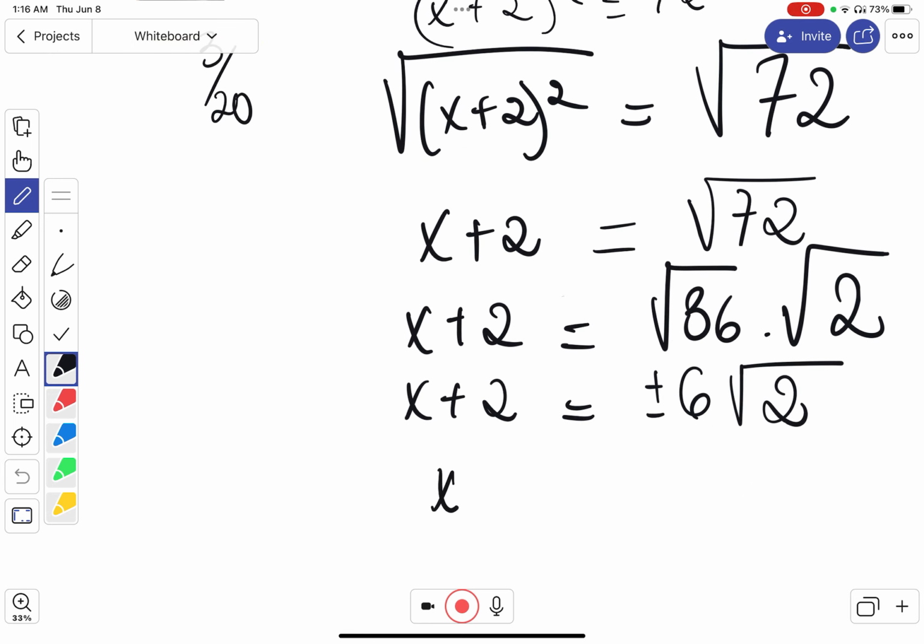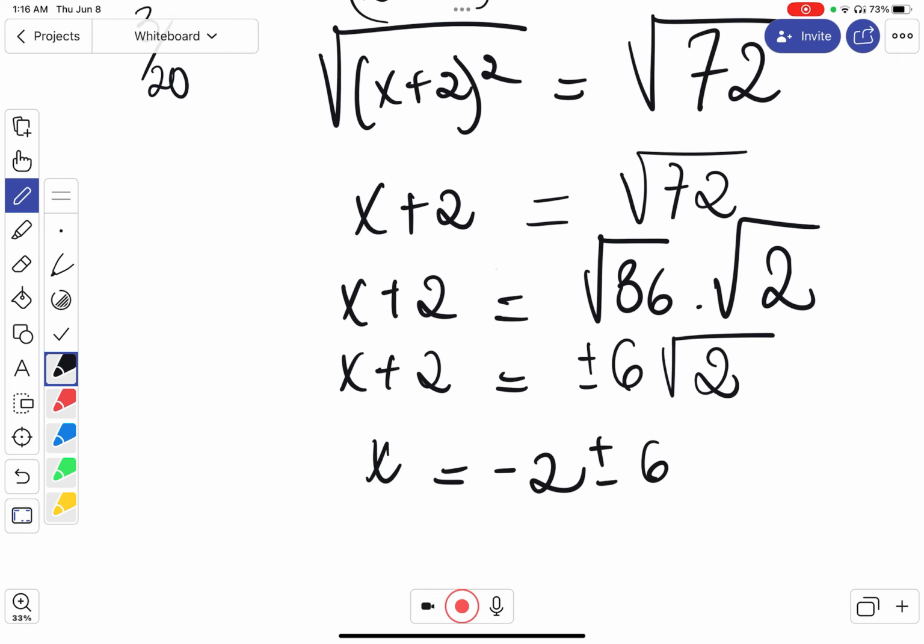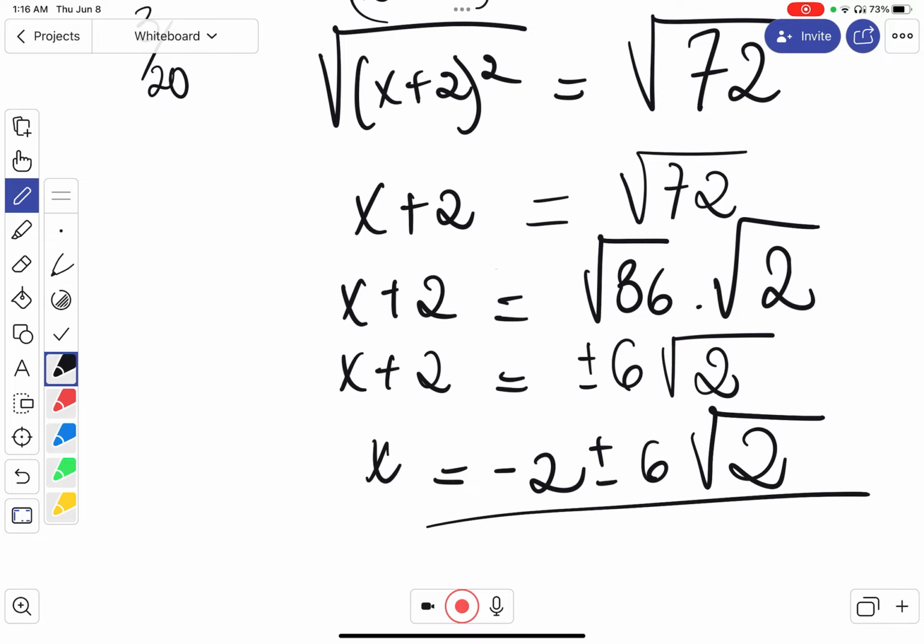So x is equal to −2, because you're switching it from one side to the other, so you need to change the sign, plus or minus 6 square root of 2. So this is going to be your final answer.